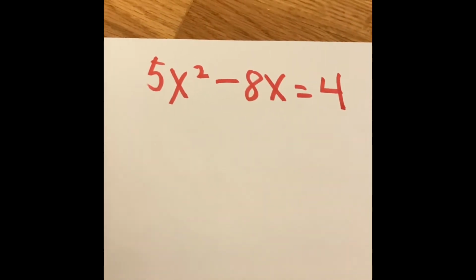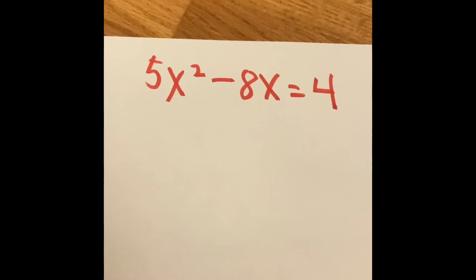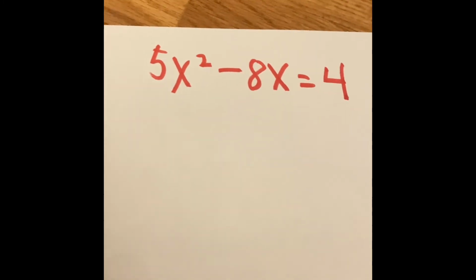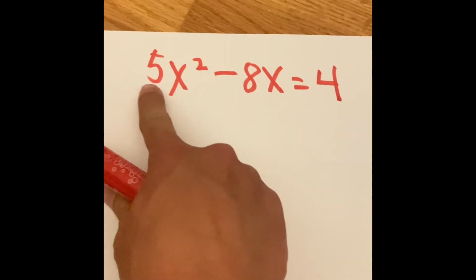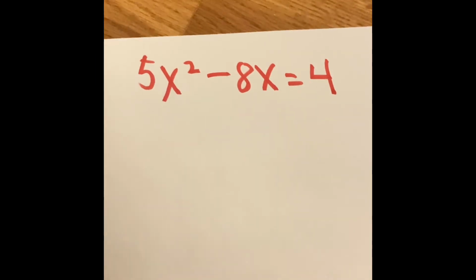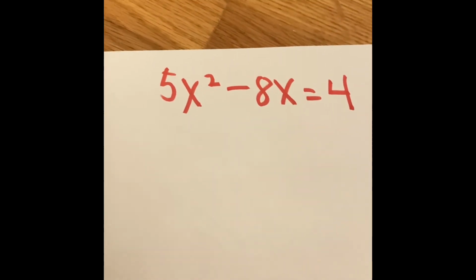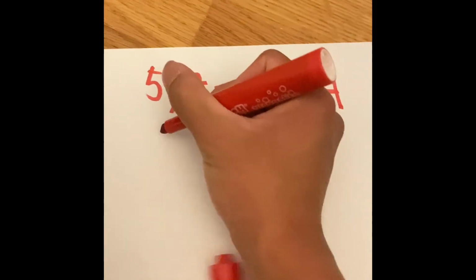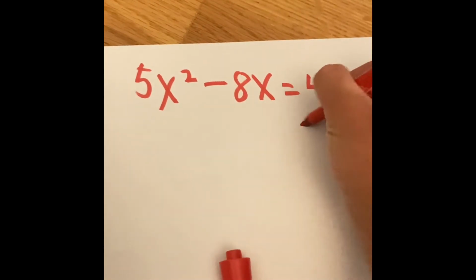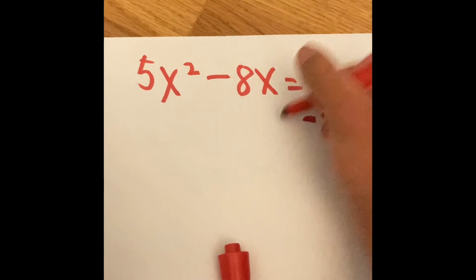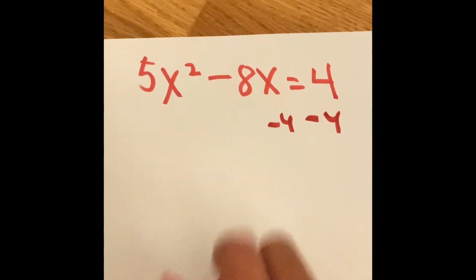The only difference in completing this problem is that since we have a 5 as a coefficient in front of the x squared, or the a in ax squared from the quadratic standard form, we have to move this 4 to the other side by subtracting 4.